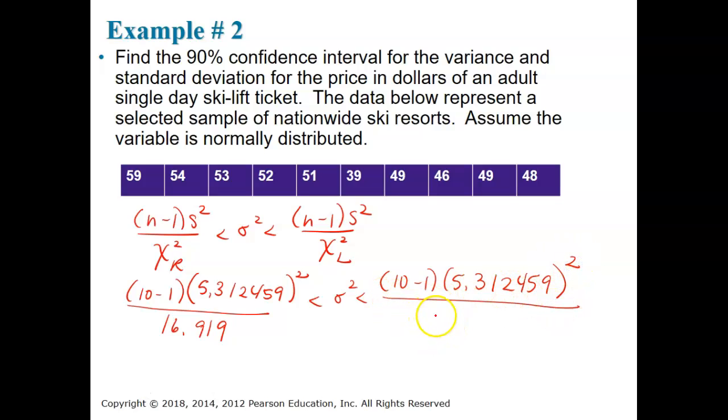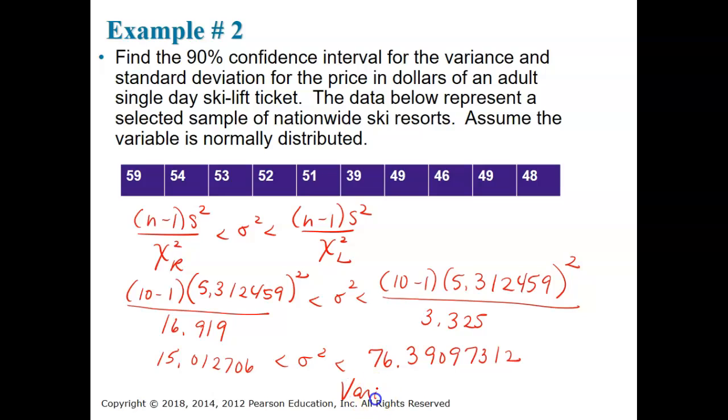And then I'll divide that by chi-squared left, and my chi-squared left value is 3.325, again coming from that chart. So when I simplify all of this, I'm going to get 15.012706. And here I'm going to get 76.39097312.